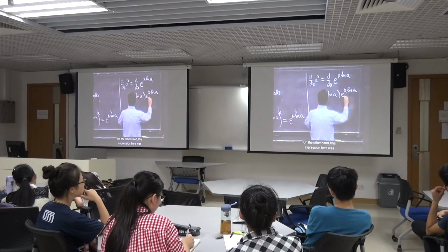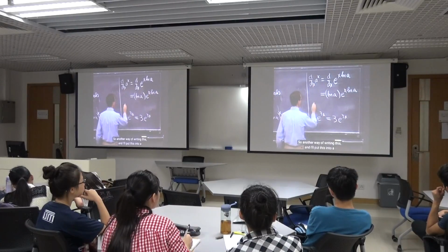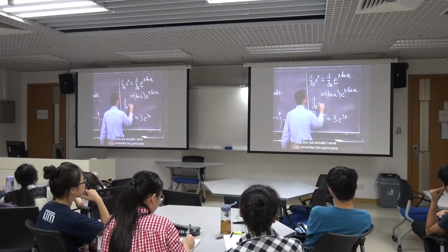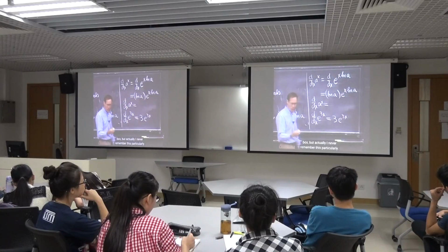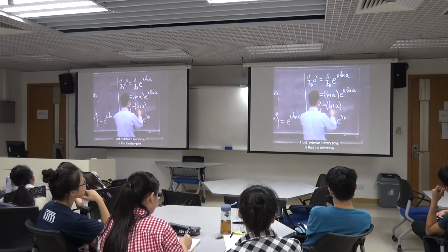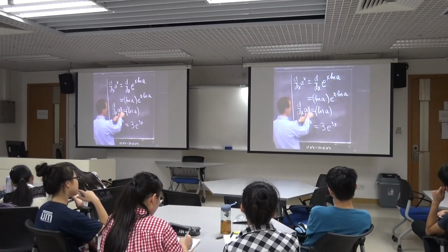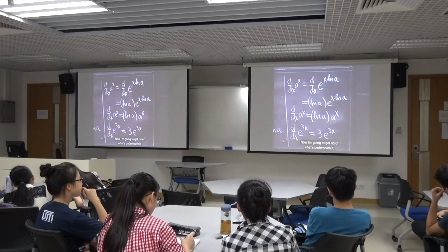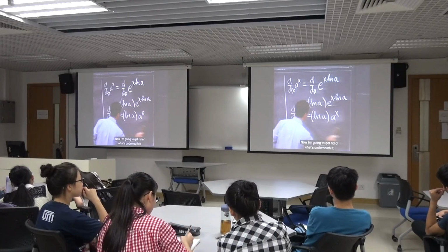this expression here was the same as a to the x. So another way of writing this, and I'll put this into a box, but actually, I never remember this particularly, I just rederive it every time, is that the derivative of a to the x is equal to log a times a to the x. All right, now I'm going to get rid of what's underneath it here.